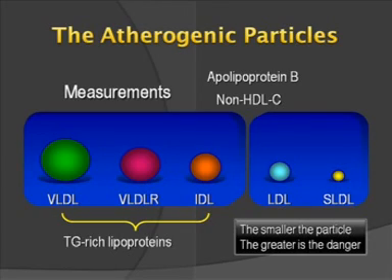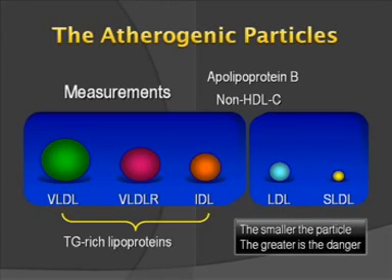As the density of the lipoprotein increases, they become more compact and the size of the particle becomes smaller. When you move on to the right hand side, we have two other particles called the LDL and the small LDL. LDL itself is a highly atherogenic particle, and if it becomes much more compact and gets converted into the small dense LDL particle, it is the most atherogenic among all the particles.